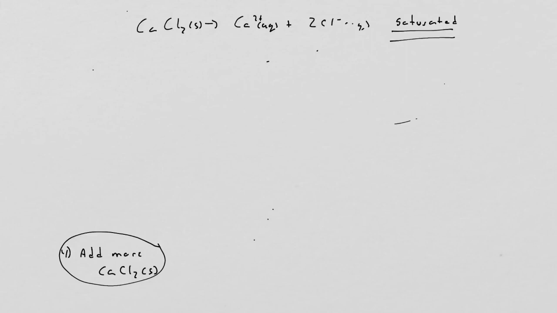No, of course not. It's already saturated. If it doesn't dissolve, it doesn't change the concentration of anything, and so it has no effect. You can't cause a shift by adding something that's already saturated. It will have no effect.